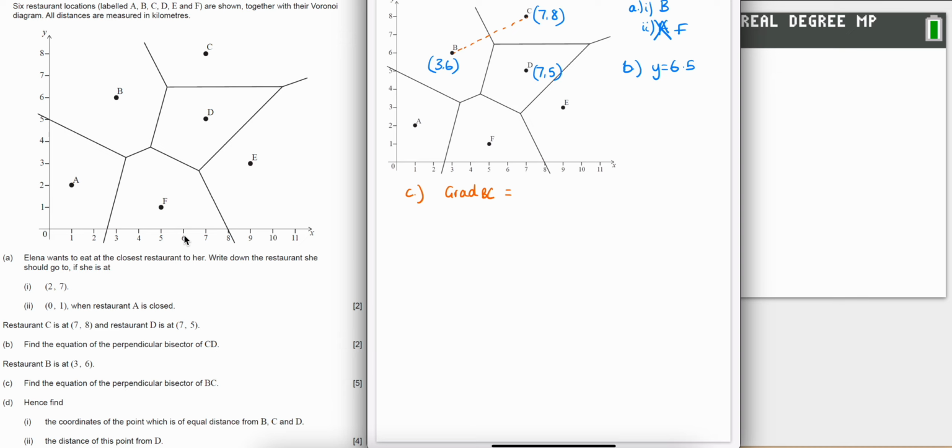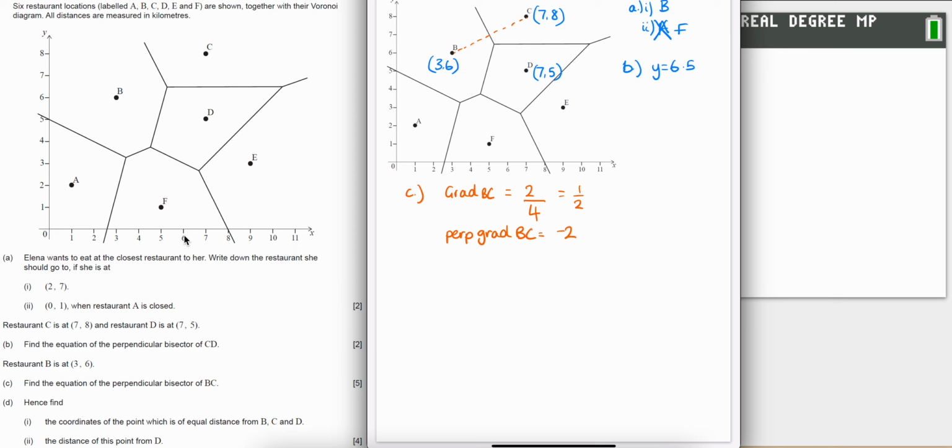so it's a change in y, from 6 to 8, which is 2, and then it's the change in x, which is from 3 to 7, which is 4. So we can see there that the gradient is 1/2 between B and C. And that means that the perpendicular gradient between B and C is equal to -2.